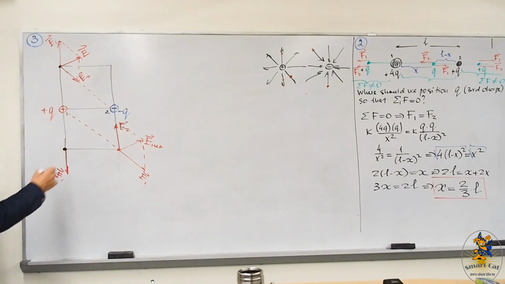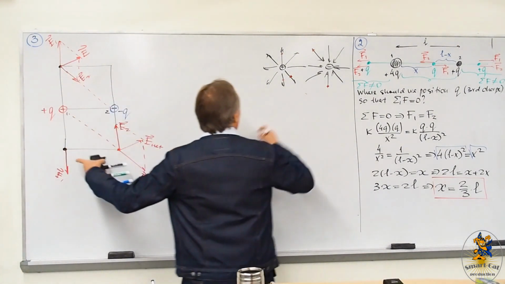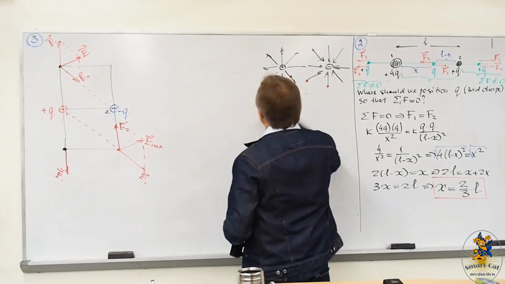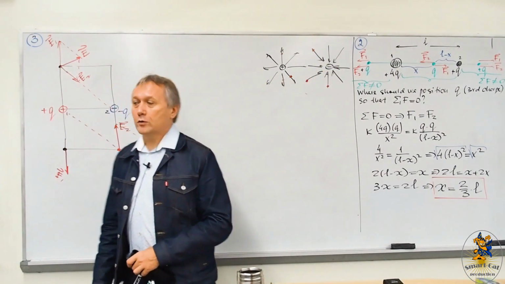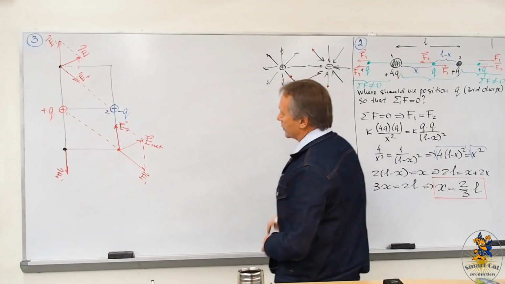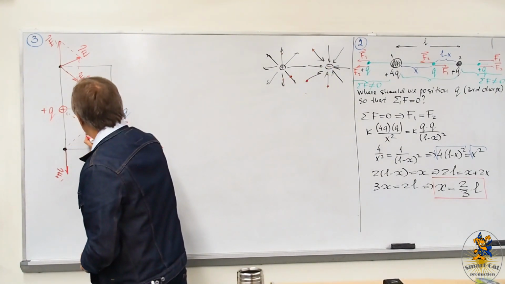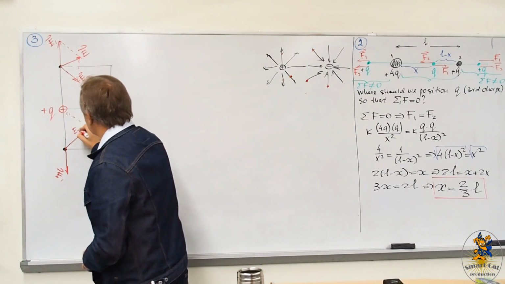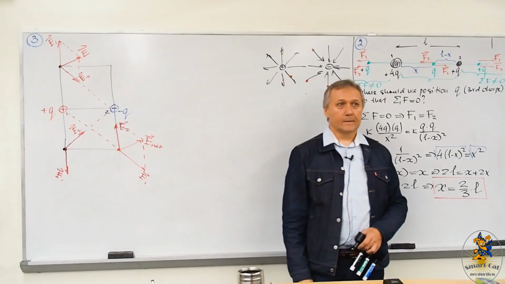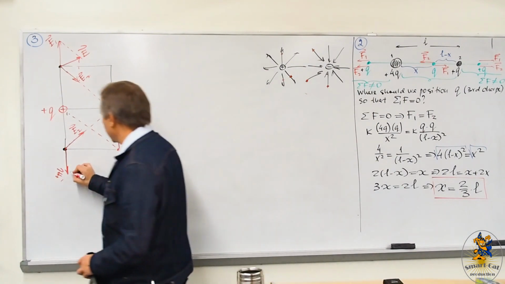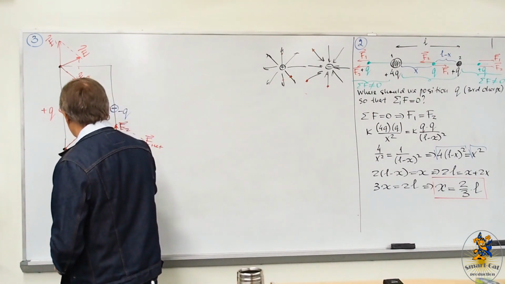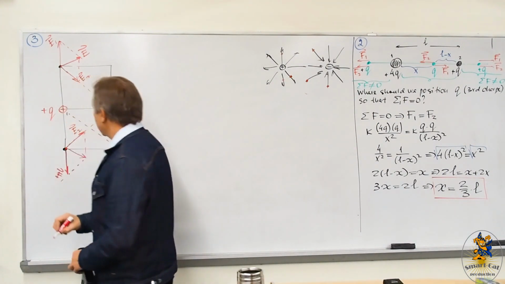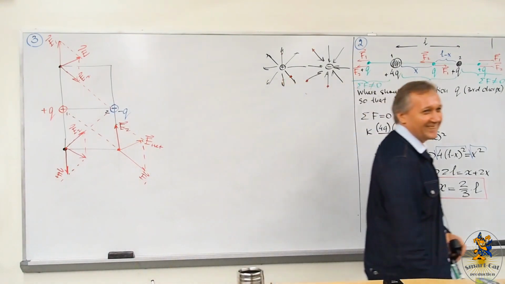Then the negative charge: this point relative to the negative charge is this one, so the field is towards that negative charge. Let me draw this dashed line. So this will be E sub 2. So again, it's a clear superposition. Lots of red.